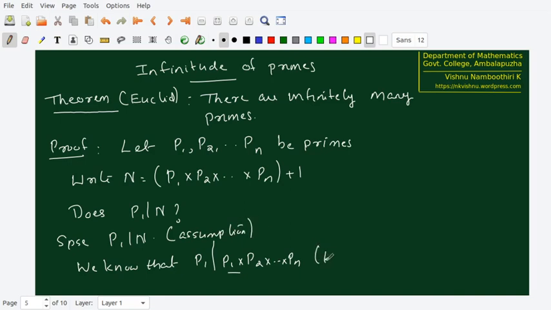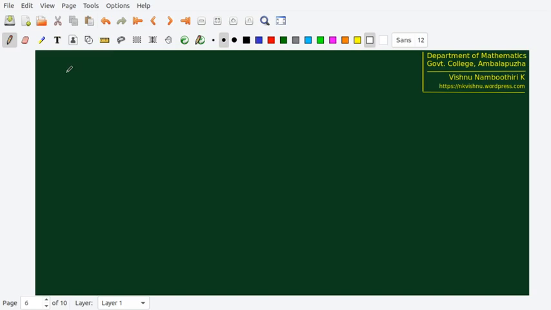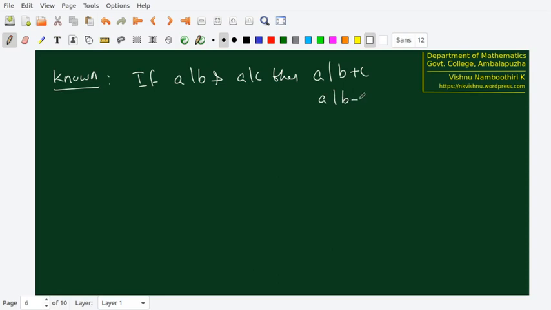So this is the assumption and this is known. Therefore, P1 divides n, we are assuming so. Now P1 divides the product P1, P2, etc. Pn. Now we have already seen that this is known: if A divides B and A divides C, then A divides B plus C, and A divides B minus C, both these things we know.